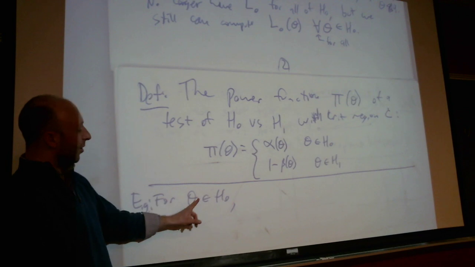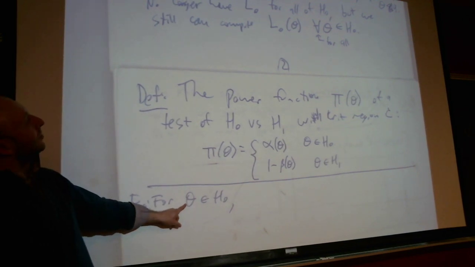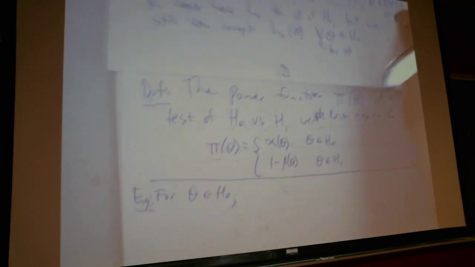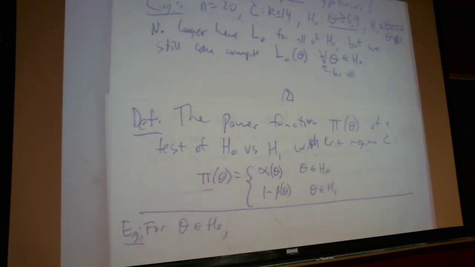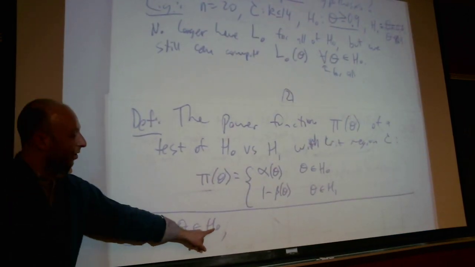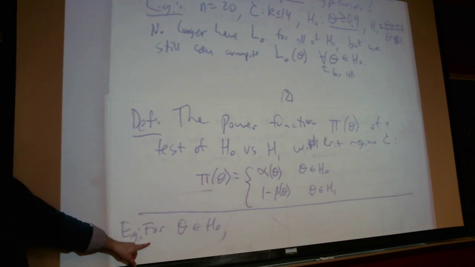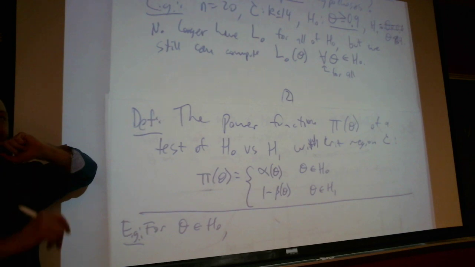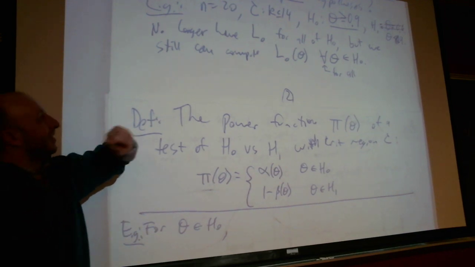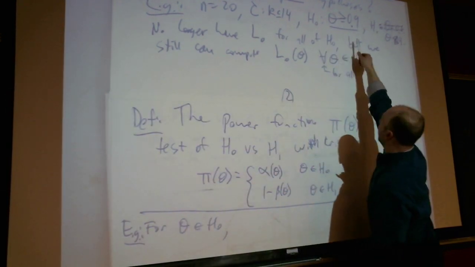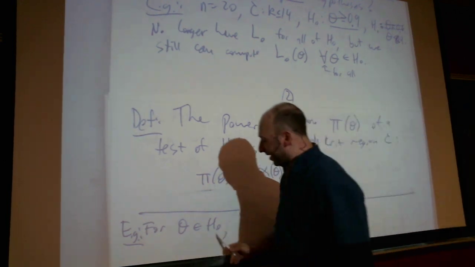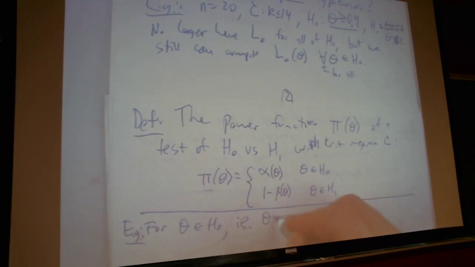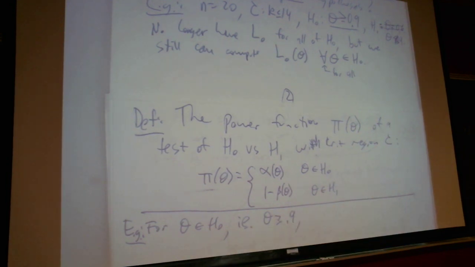For theta in H0, in our example, what does it mean that theta is in H0? Which thetas are in H0 in our example? Taylor: that they're bigger or equal to 0.9. Exactly. H0 is that theta is bigger than 0.9.